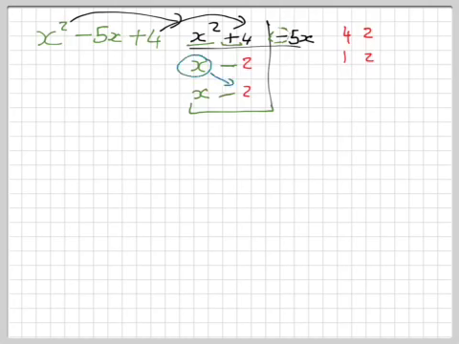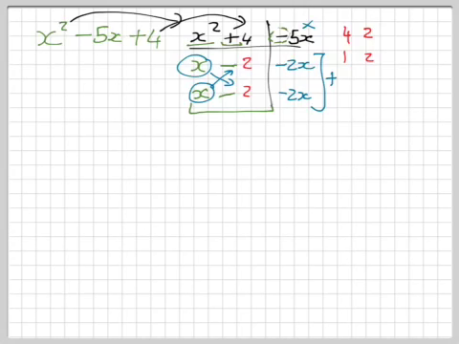X times by negative 2 is negative 2x. X times by that negative 2 is negative 2x. And if I add them up, wait, whoa, let's stop there for a moment. That gives me negative 4x, not negative 5x.